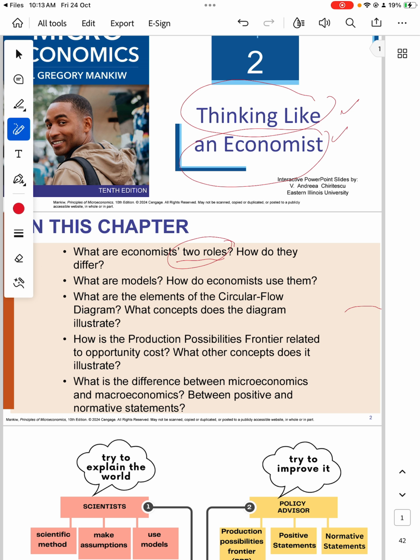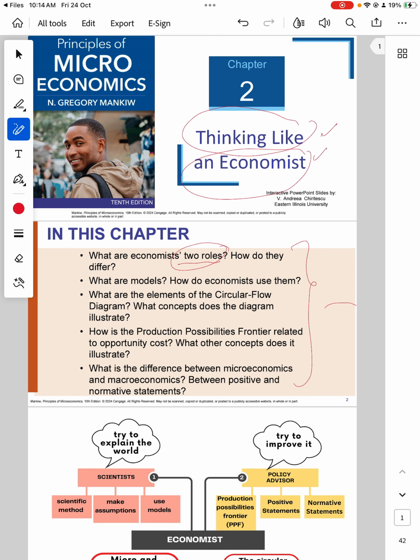How many to produce to meet the demand by customers, and so on and so forth. What is the difference between microeconomics and macroeconomics, and what do we mean by positive and normative statements? Alright, so these are the things that we are going to study in this chapter 2.